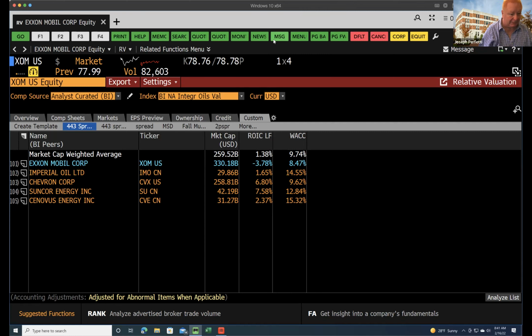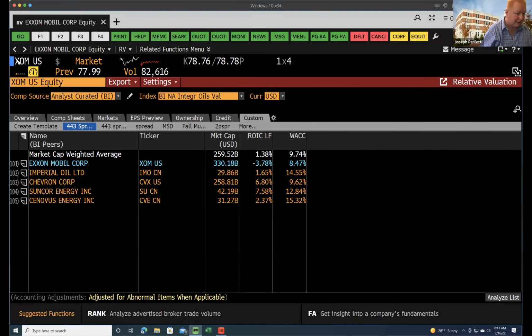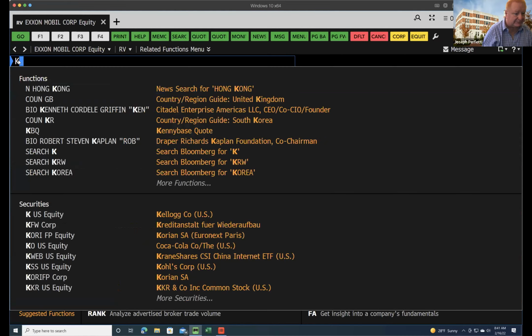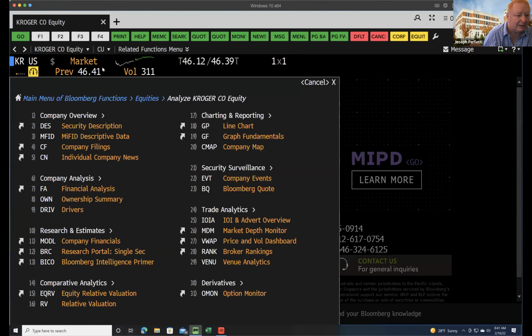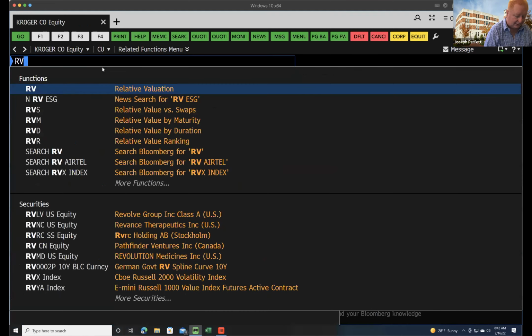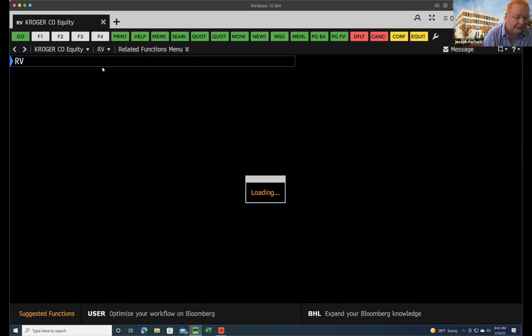Right. Then you would have moved on to homework 3, and we would have talked about Kroger. So back to the button here. So we talked about Kroger, grocery store chain. Again, start out with a minimum, RV.